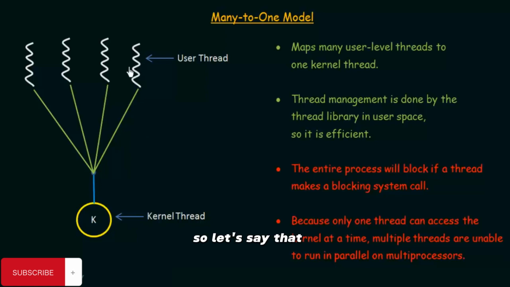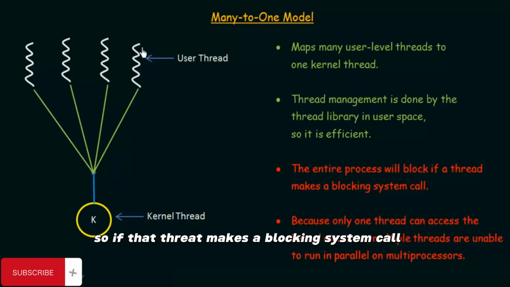If one thread makes a blocking system call, this kernel thread will be blocked, and if this is blocked, then all of them will be blocked because they are all mapped to this single kernel thread. That is one of the limitations of this model.